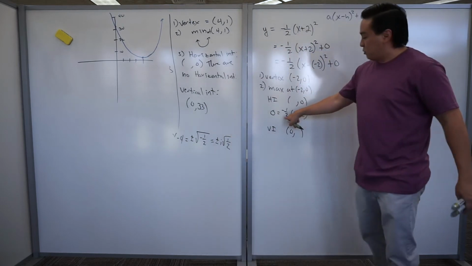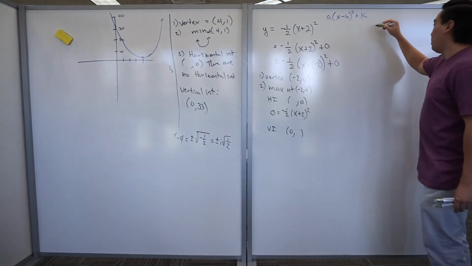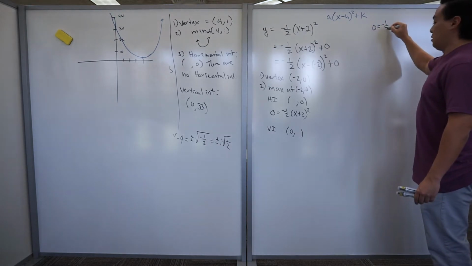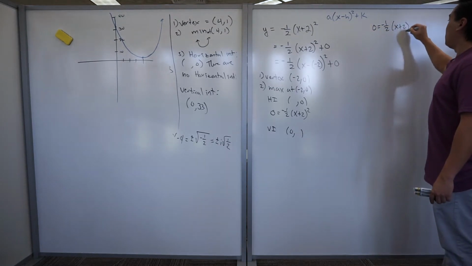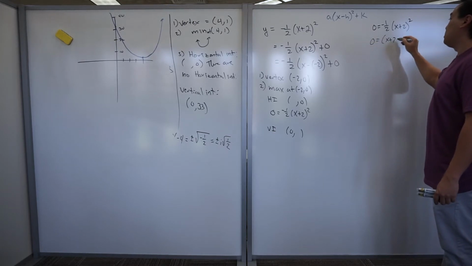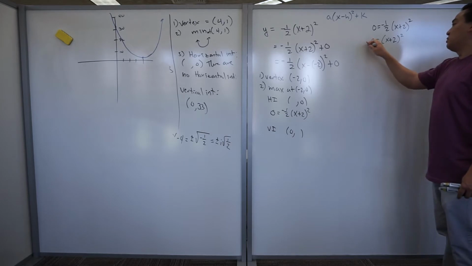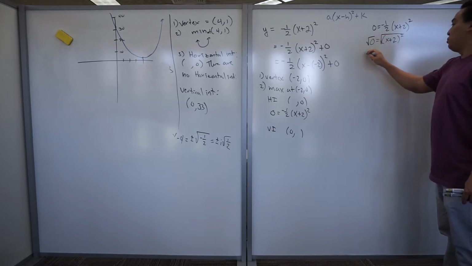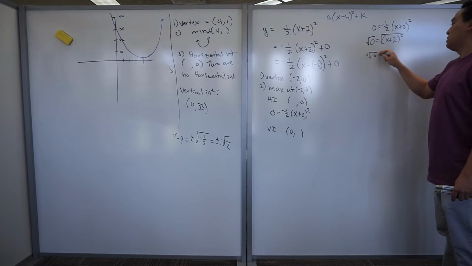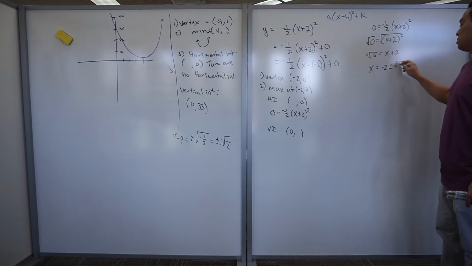So if I divide both sides by this -1/2, you get 0 again, x plus 2 squared. And if you take the square root of both sides, you get plus or minus the square root of 0 is x plus 2, or x is equal to -2 plus or minus the square root of 0.